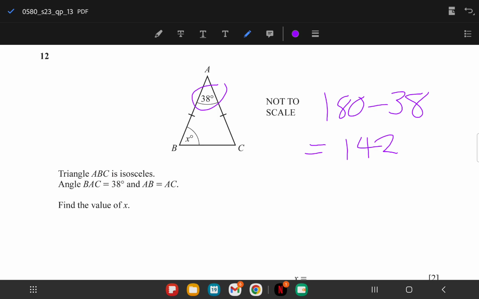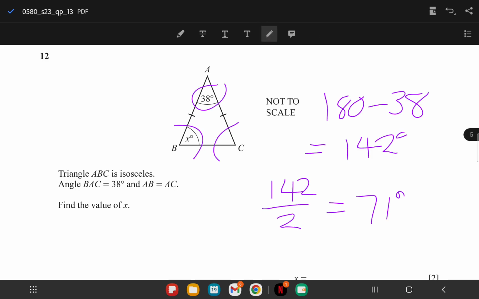So it means that this angle here and that angle there together are 142 degrees. But we want just one of them. And because they are equal, base angles of an isosceles triangle are equal, it's 142 divided by 2 to give us 71 degrees. So that's our final answer there. X is equal to 71 degrees.